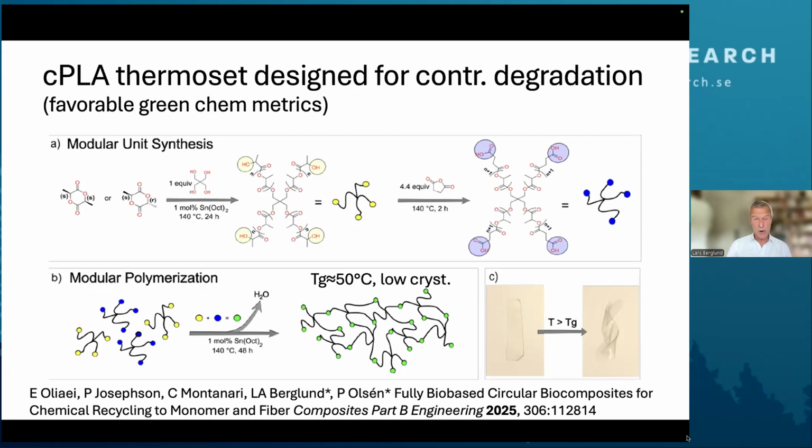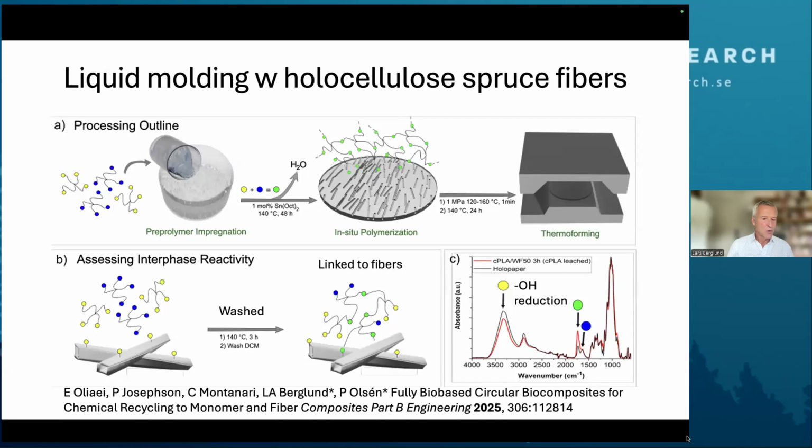And that's deliberate because the aim is to facilitate chemical recycling. And then crystallinity, of course, is an issue. So this works out quite well. And the process is the following. You take the two components, just like in any resin, epoxy or unsaturated polyester resin.